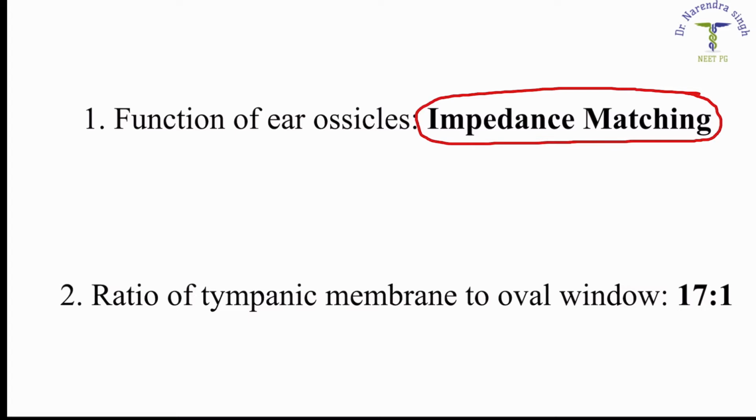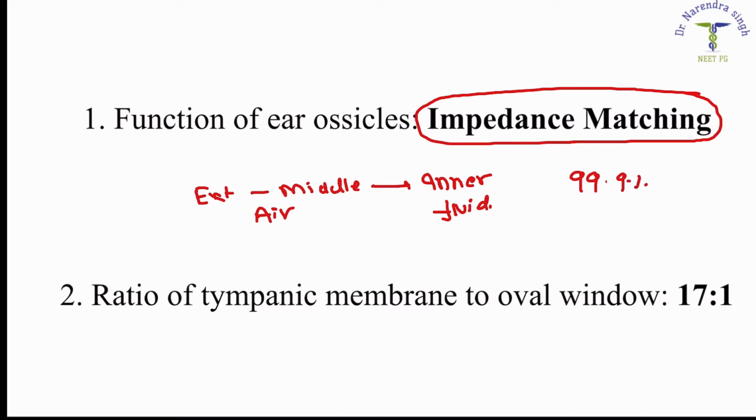So when the sound waves travel from the external ear and middle ear to the inner ear, because of the change in media, the media here being air and in the inner ear fluid, 99.9% of the sound is reflected back.